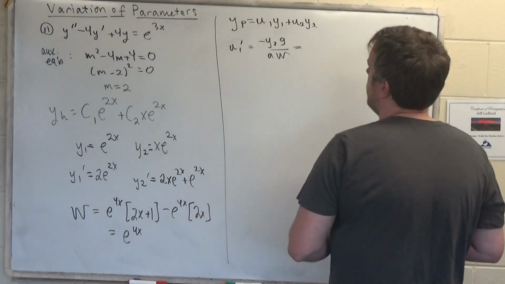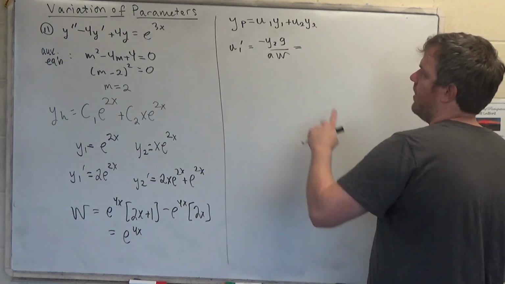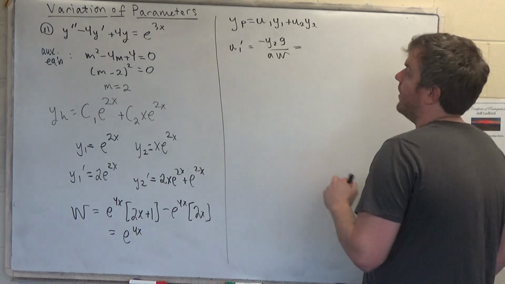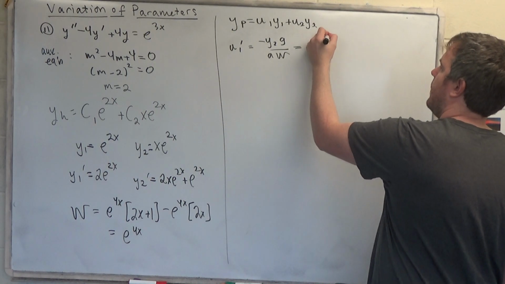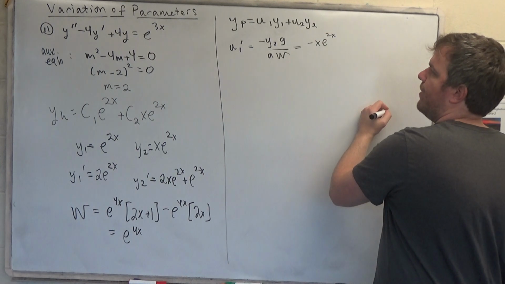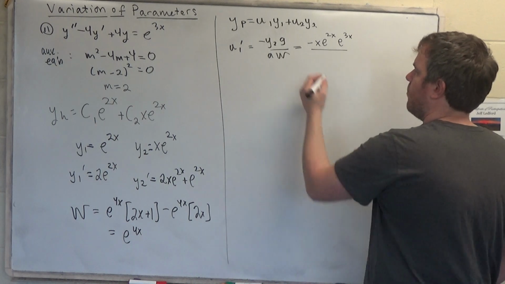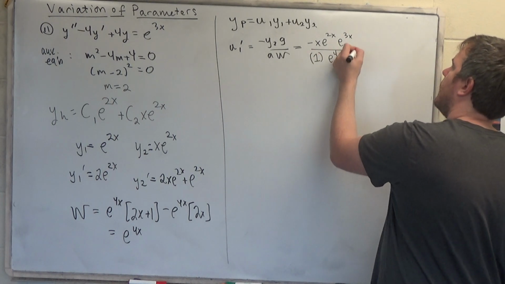W is the Wronskian. G is the part across the equal sign that's making it non-homogeneous, and y2 is what we decided y2 was over here. So we get, in this case, negative x e to the 2x, g is e to the 3x, over a, which is 1, times W, which is e to the 4x.